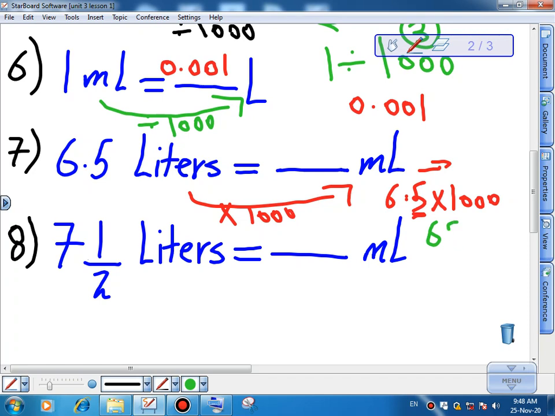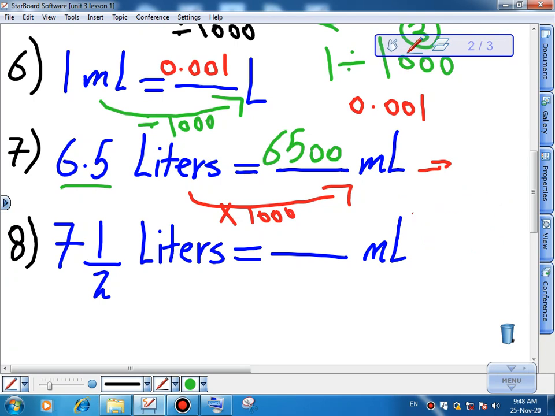I have only 1 digit, so it will remain 2 zeros. We will write 2 zeros like this and put the decimal point, but it's not important because there is no number in the decimal part. It will be 6,500 milliliters. So 6.5 liters has 6,500 milliliters.